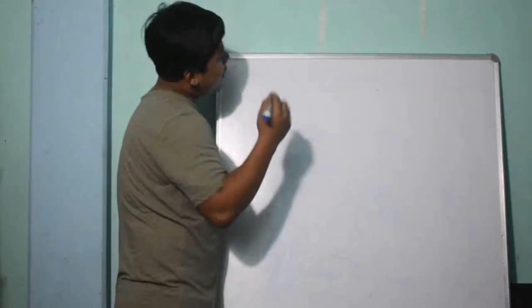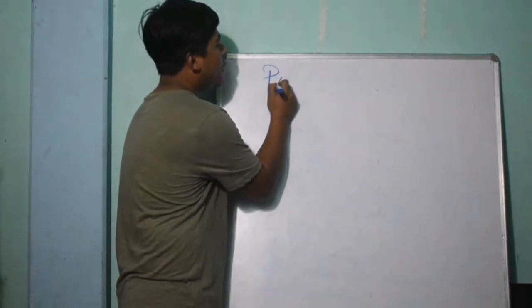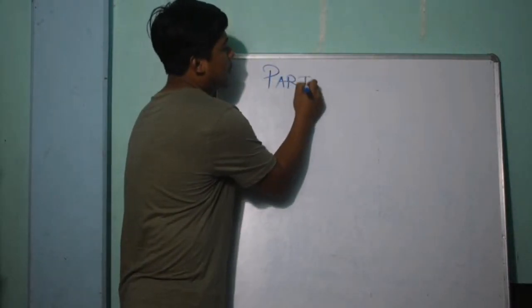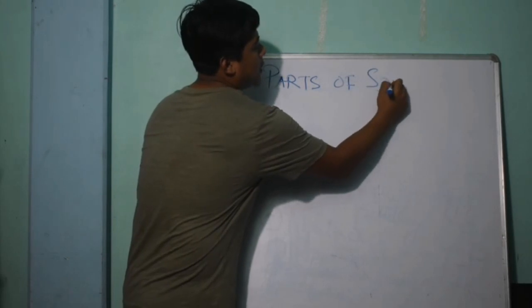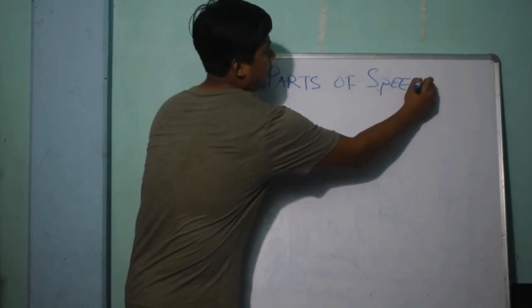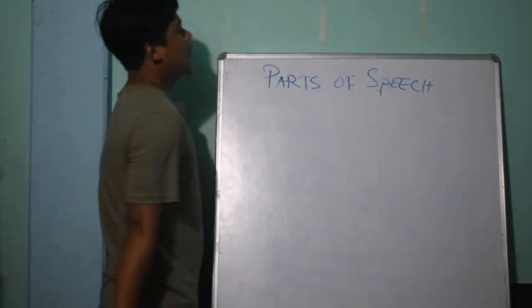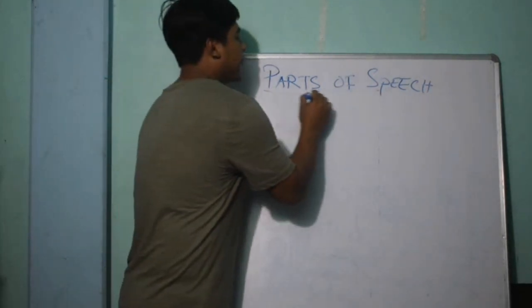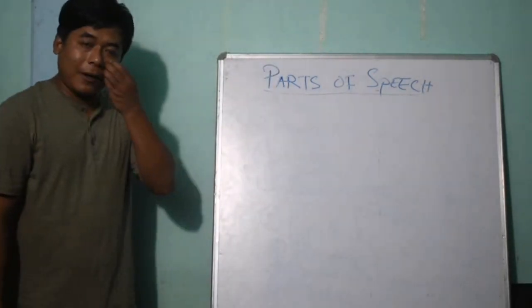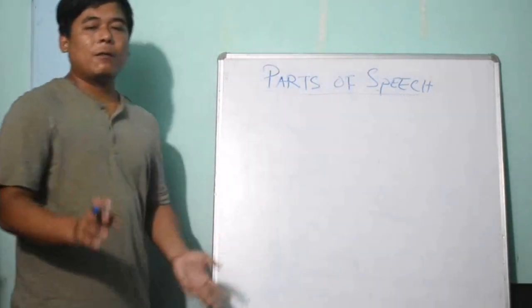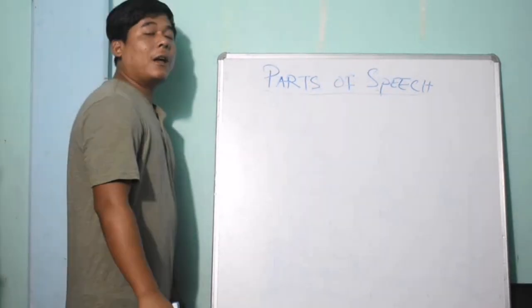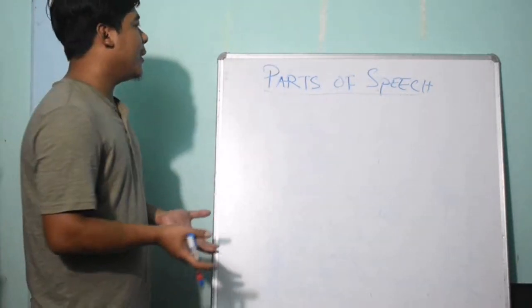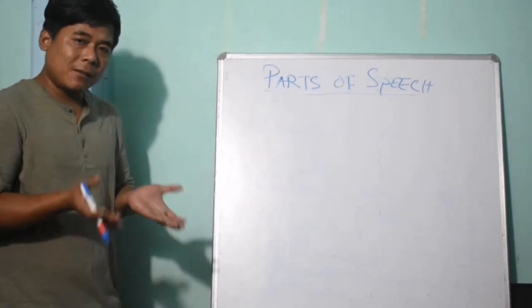Alright, in today's class, we are going to talk about parts of speech. We have been learning about it since class 4, 5, 6, I think, so you already have an idea about it, at least some.